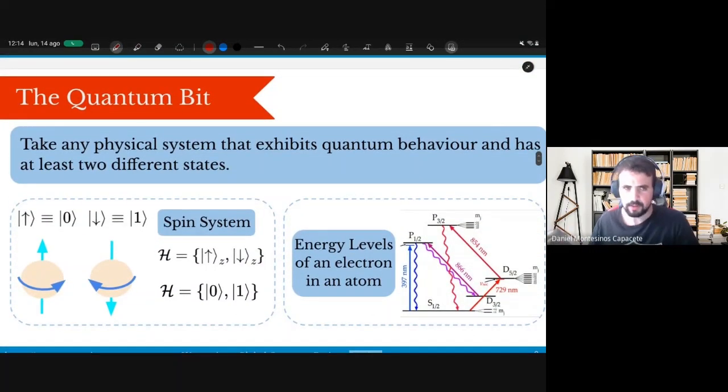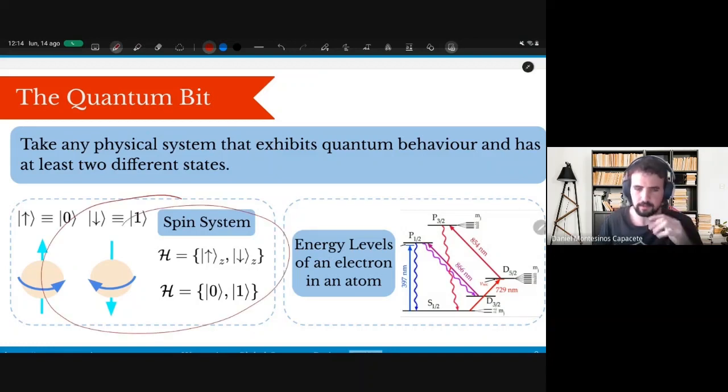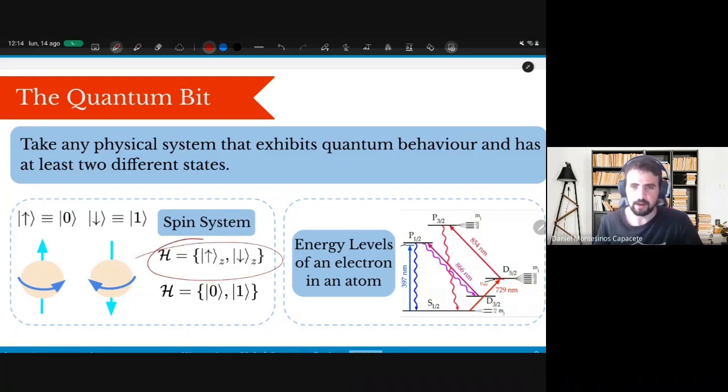So the quantum bit, also called qubit, as I have already said a few times, is just any quantum physical system, right? For example, here you have the spin. That's a physical system that we were describing the other day a little. If you take the spin system, you have a bidimensional Hilbert space.